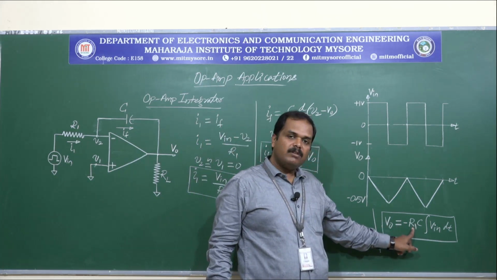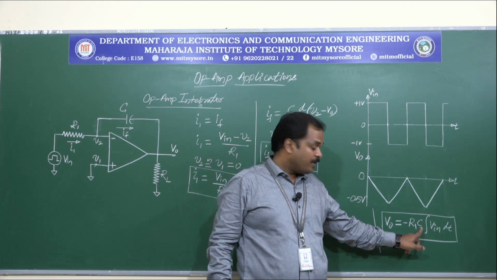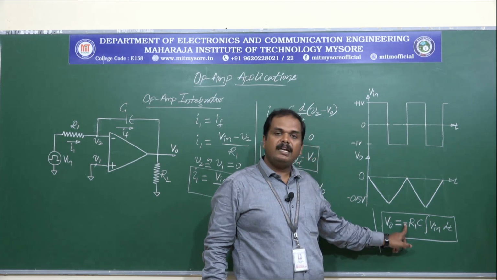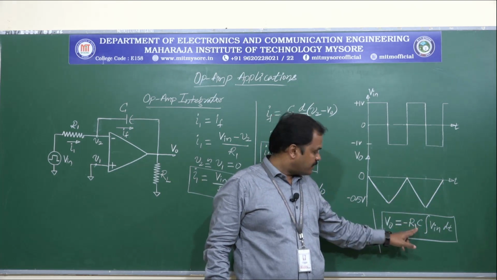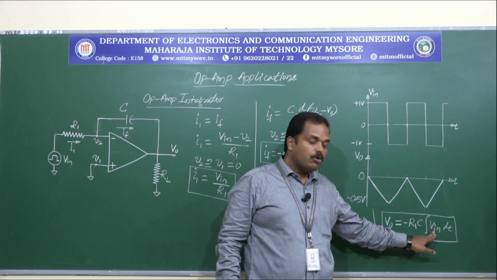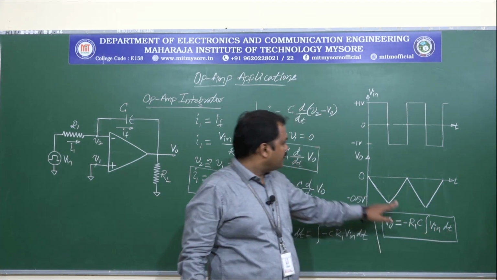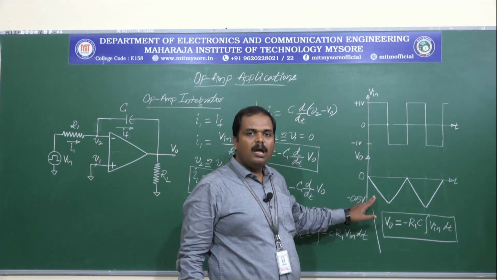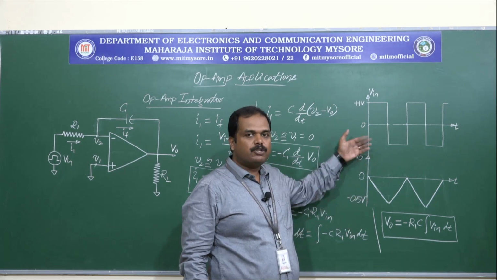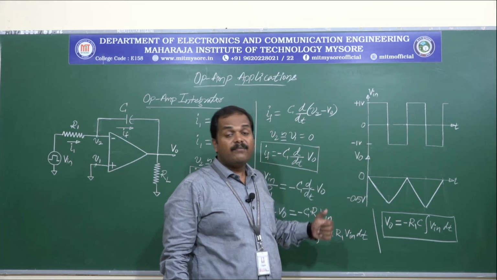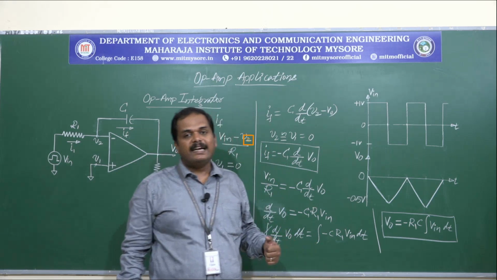There is a gain which is given by 1 by R1 C, and the negative sign indicates the out of phase signal, and the integration of Vin with respect to time, and the same thing has been shown in the output waveform with respect to the input. So this is the working of the integrator circuit.